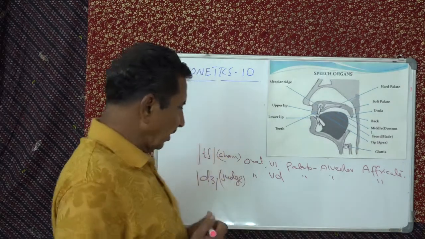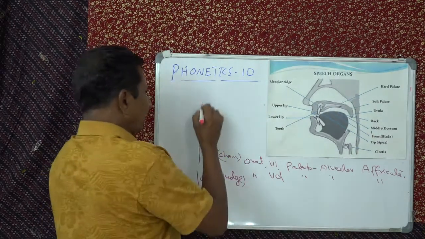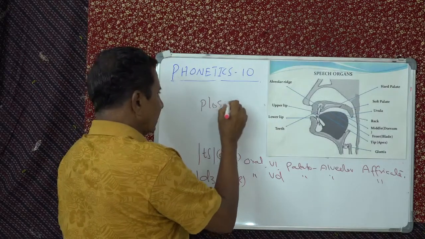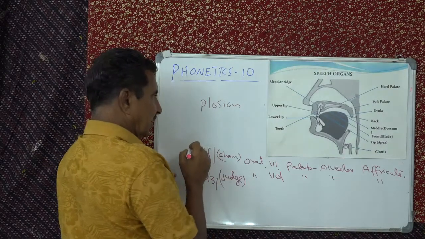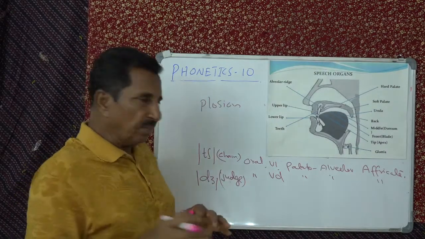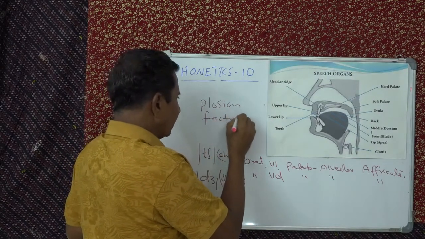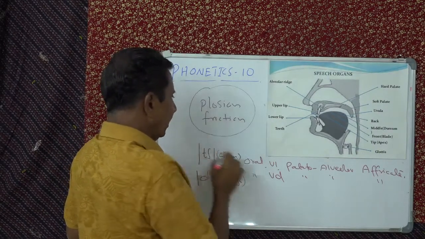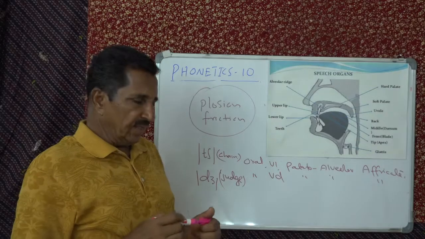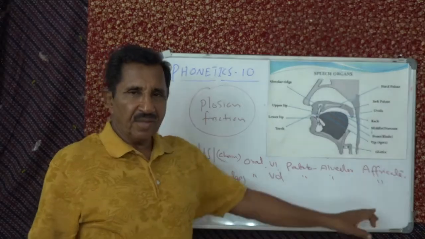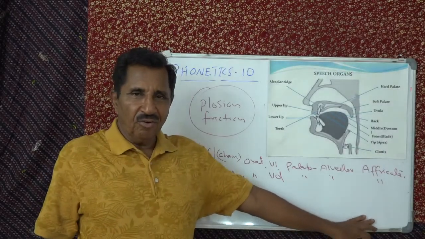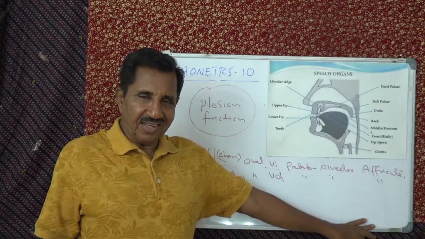So in an affricate, what happens? There is plosion because there is sudden release. Complete closure and sudden release, followed by friction. So you call them affricate.